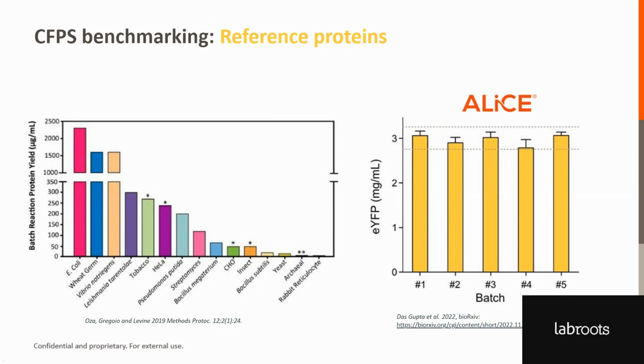Our kit has a yield guarantee of 3 milligram per milliliter of our reference protein EYFP, which is quite unique amongst commercially available cell-free systems. None that I've seen can offer the same kind of yield guarantee, and that's part of our full quality control batch release criteria before we can ship out any ALiCE whatsoever.